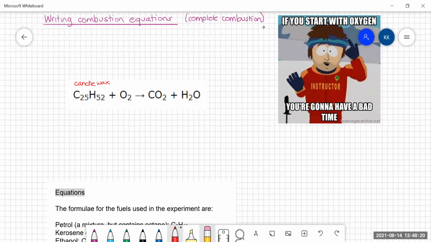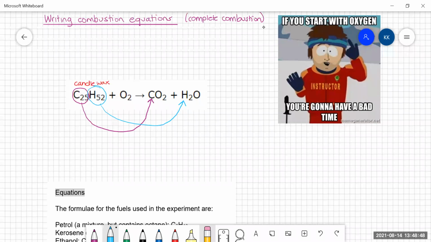So if you have a look at candle wax, all of the carbon atoms in the candle wax have only one place to go in the products. They can only end up as carbon dioxide. And all of the hydrogen atoms in the candle wax can only end up in the water.